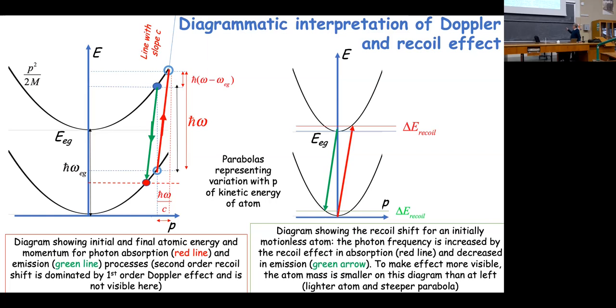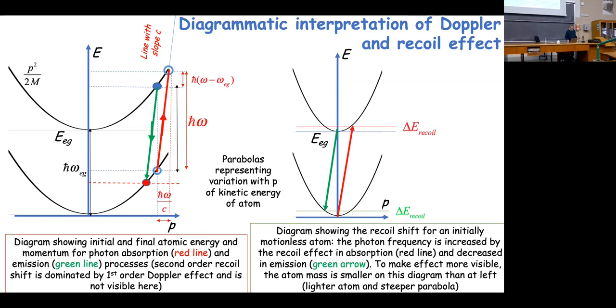On the other hand, if you emit a photon, you follow this line, and you see now that you need a photon which has an energy slightly smaller than the transition energy. This is the plus or minus sign of h bar omega over 2mc squared I was talking to you about. So you understand well on this diagram how the Doppler effect is related to the conservation of energy and momentum between atom and light.